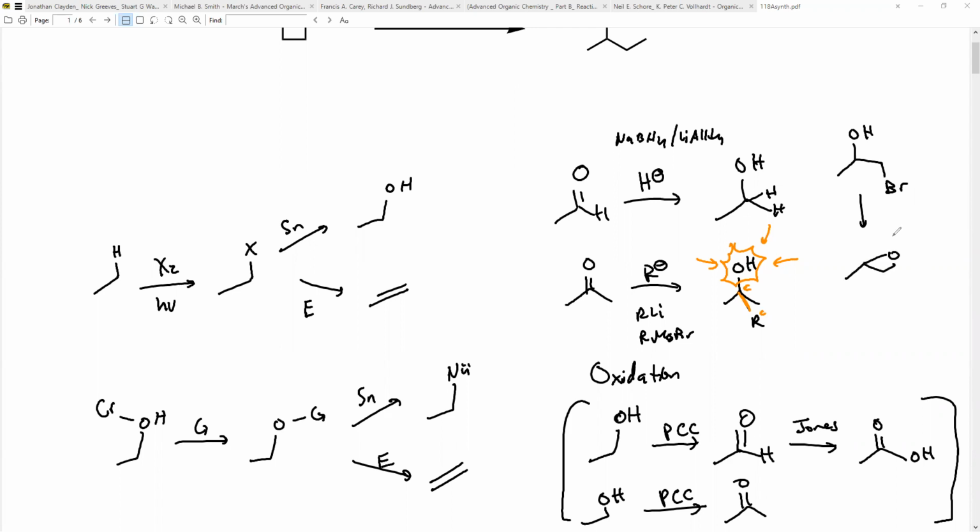Sorry, we can make an epoxide. All right, epoxide. And epoxides in acid open up on the more substituted side to some nucleophile, and in base open up to the less substituted side.